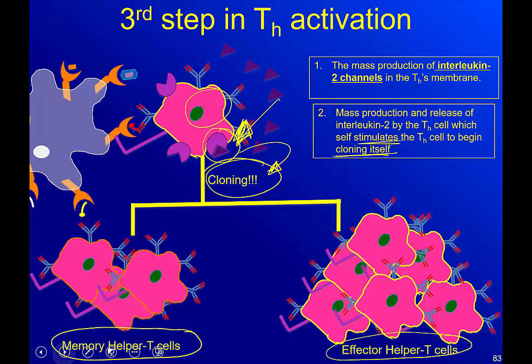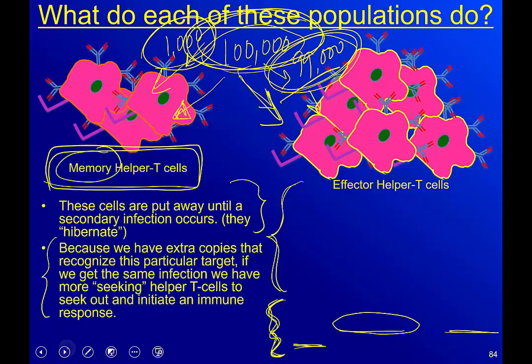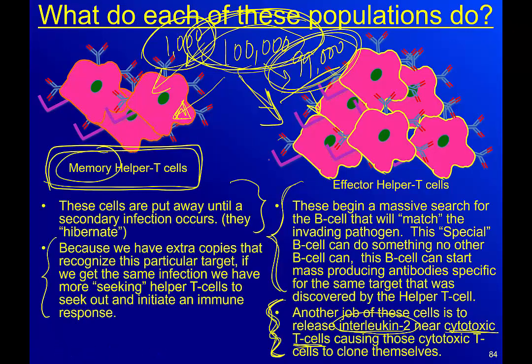We're doing the same thing until this guy comes around and activates that T cell by releasing interleukin-2. Those cytotoxic T cells are only partially activated. That's like putting the key to the ignition in the car but not turning it and turning on the motor. The cytotoxic T cell that has the key in the ignition but hasn't turned it over needs this guy to turn the key so that he can start making clones of himself and build an army that can actually go and kill the infected cells.